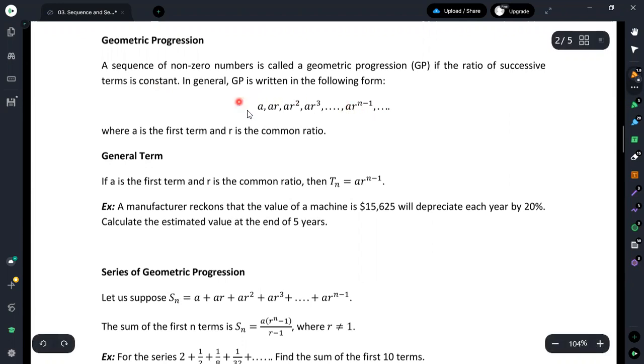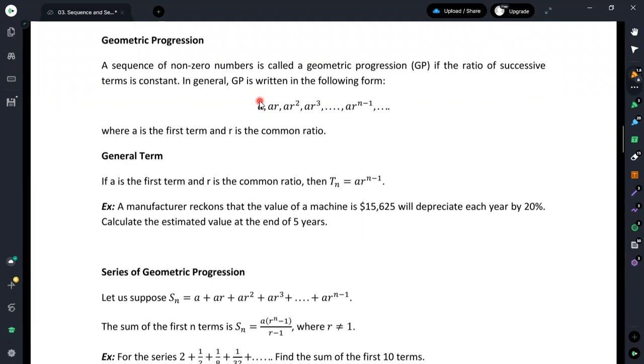Here, if we take the first term of the progression as a, and we have the common ratio. When we discussed arithmetic progression, we defined a quantity called the common difference. In the arithmetic progression, we obtain the successive term by adding the common difference to the existing term.